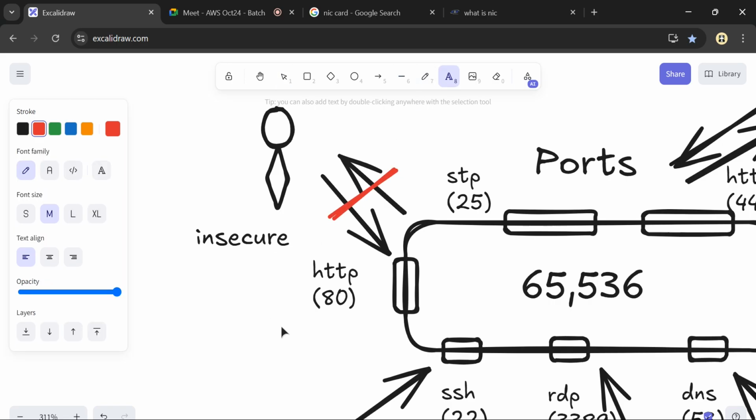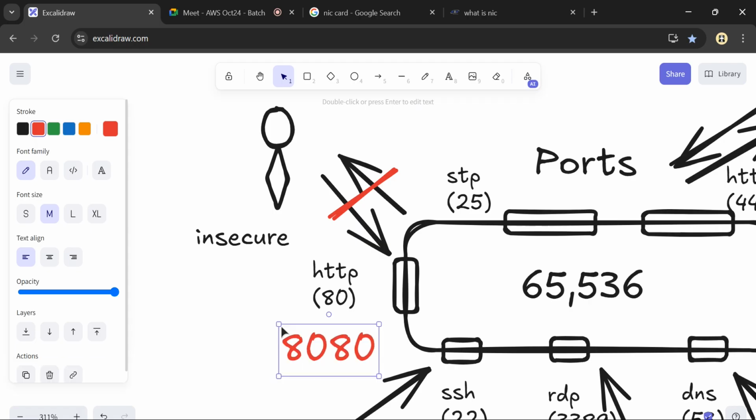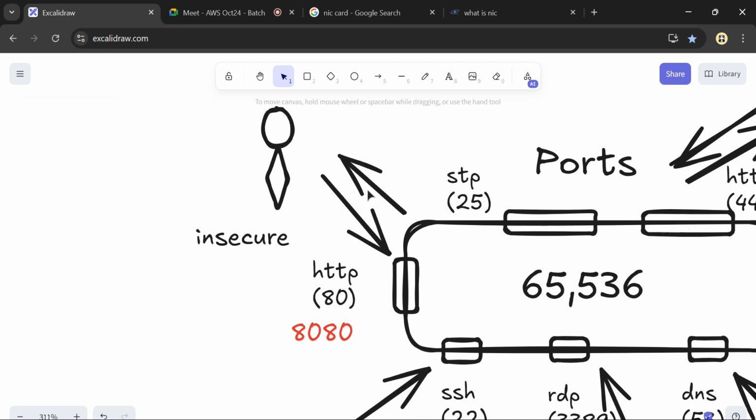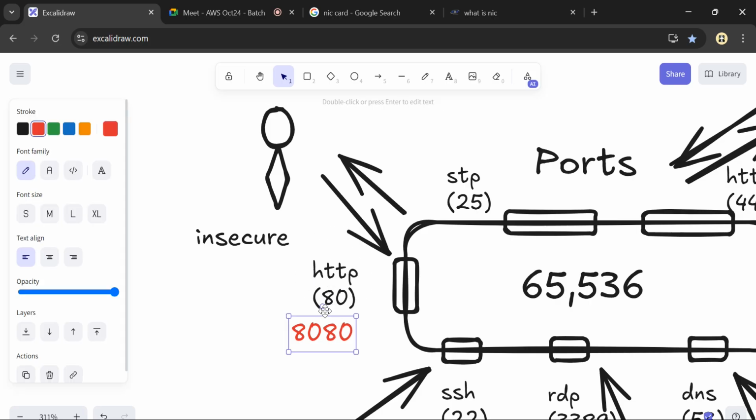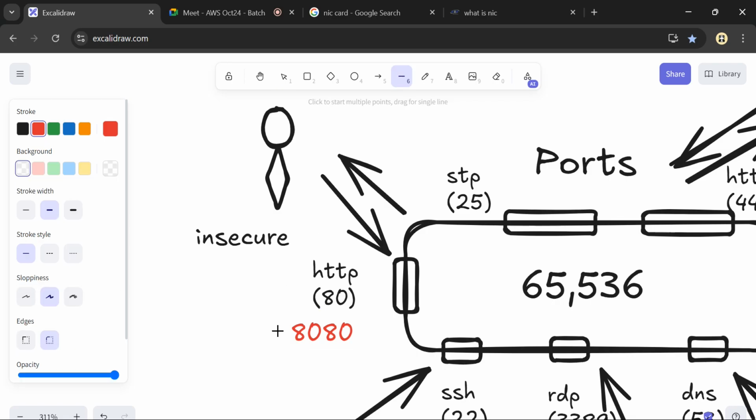What an ephemeral port will do is give you another port, let's say port number 8080, just for temporary communication. Once the HTTP port is available again, this 8080 will get deleted. It will not be used.